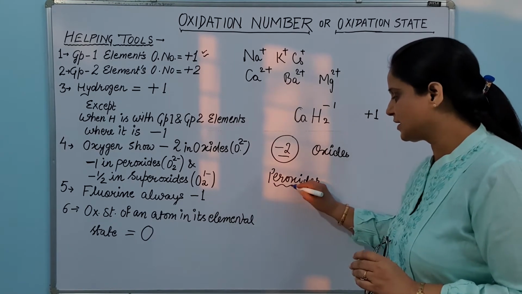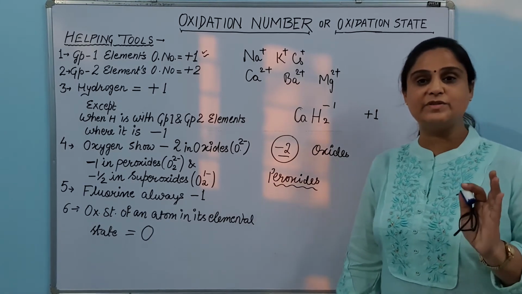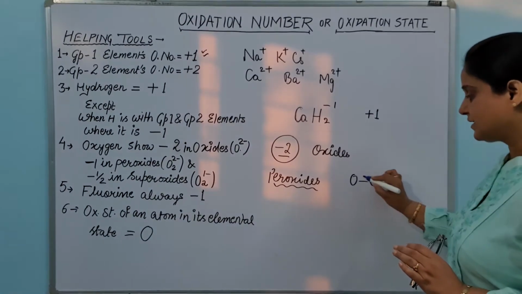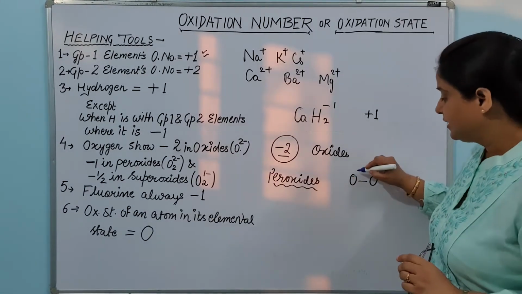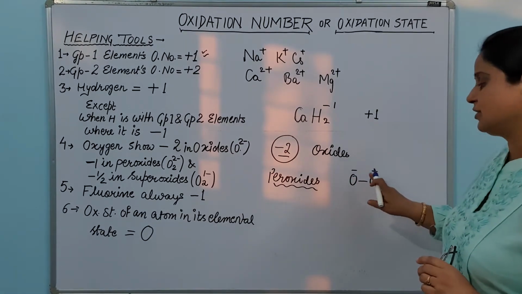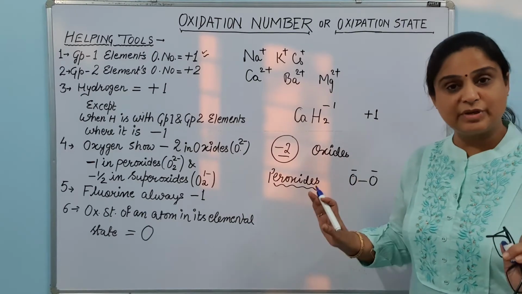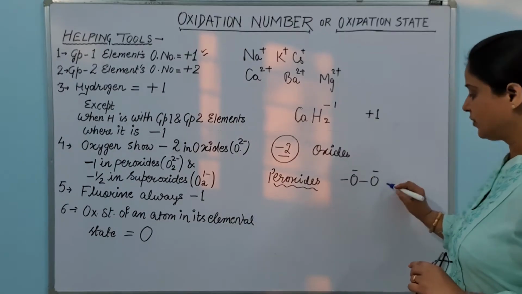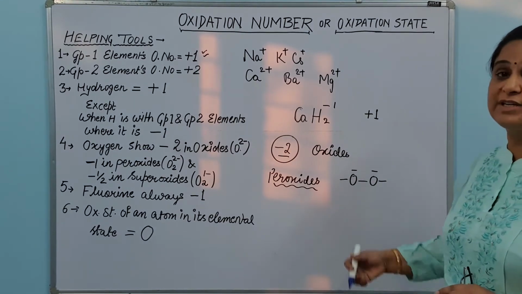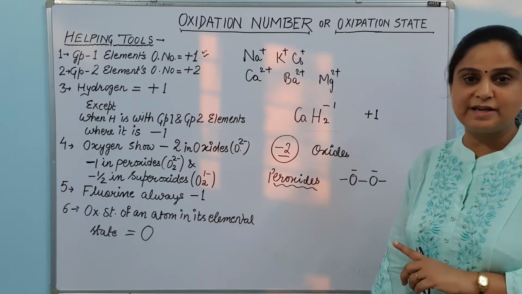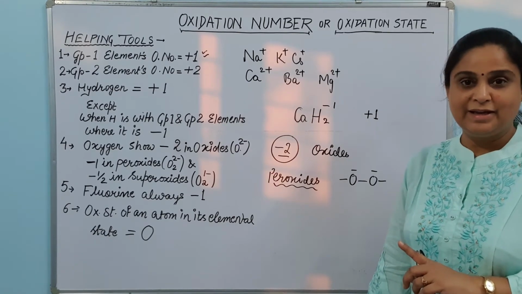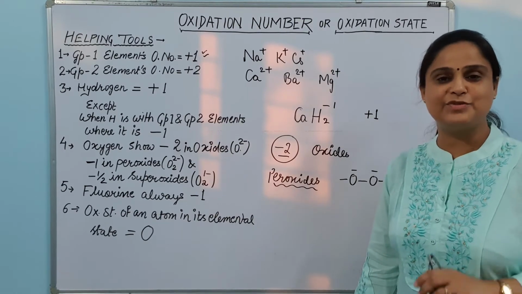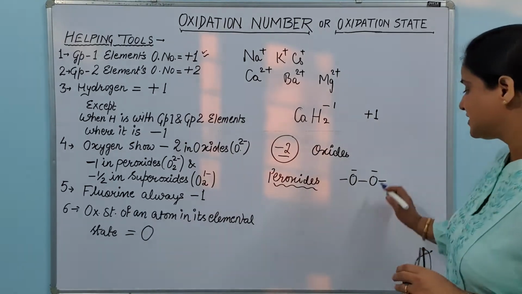These peroxides are very different kinds of compounds where one oxygen is connected with another oxygen, and there is one charge on each of these two oxygens. Because both are unsatisfied, one valency of this oxygen and one valency of that oxygen is unoccupied. I think you can resemble it with a chashma. It's looking like spectacles, so it is also called spectacle bond, or in Hindi we call it chashma bond.